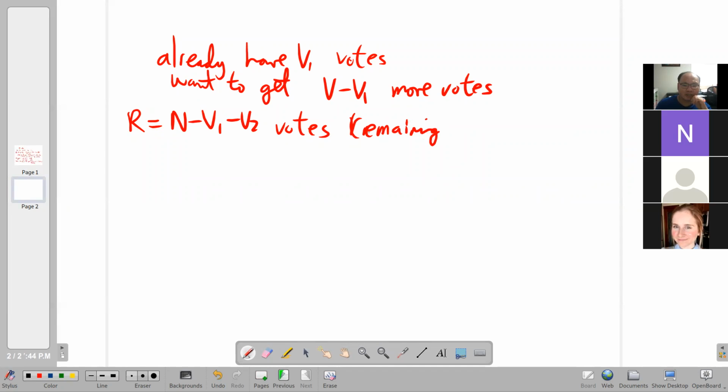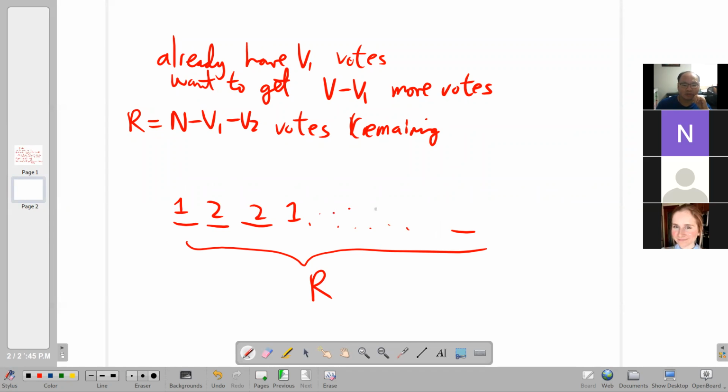So remaining, so there are votes left. Each one of them can be candidate 1 or candidate 2, right? You don't know which one. Each one has a 50-50 chance, and you want exactly V minus V1 ones.